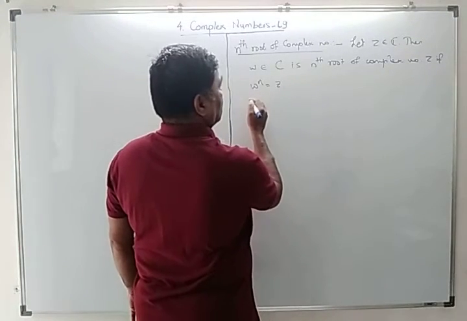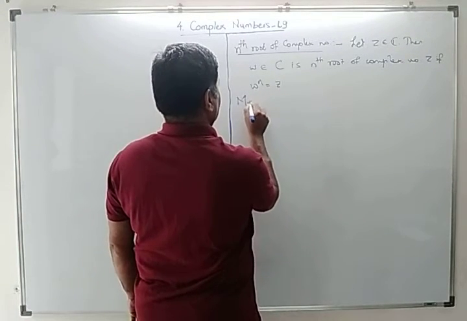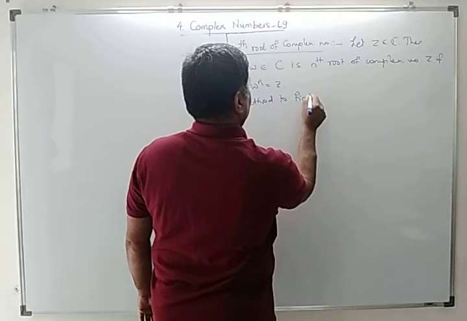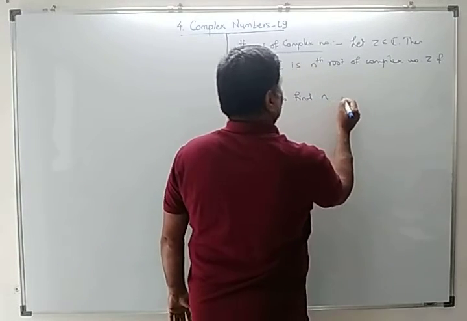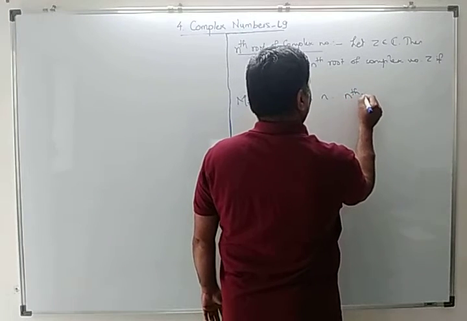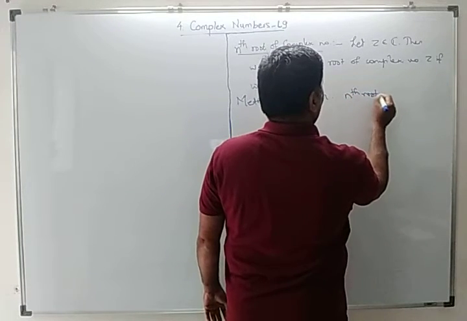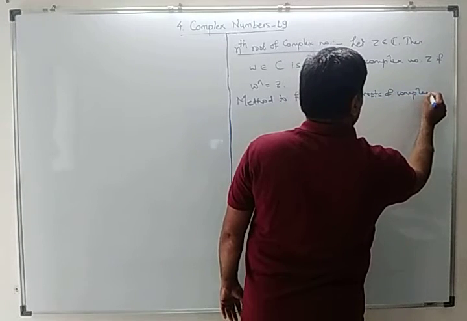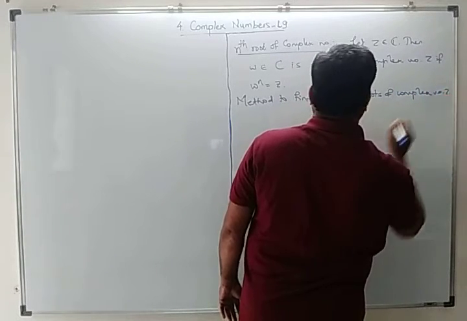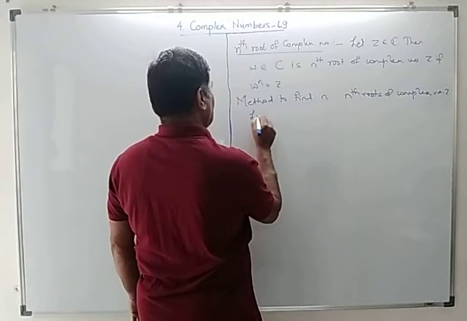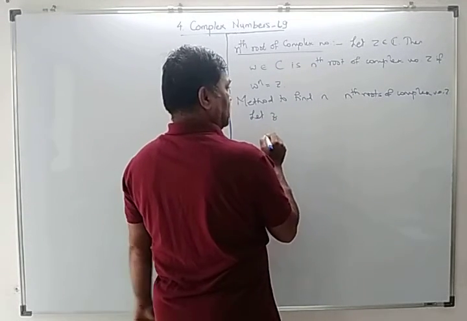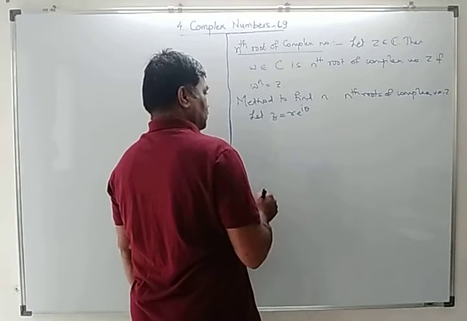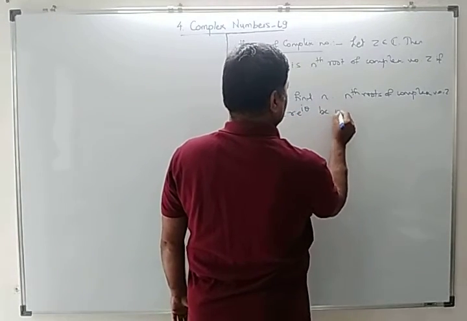Method to find nth roots of a complex number z. Let z equal r into e raised to i theta be a non-zero complex number.